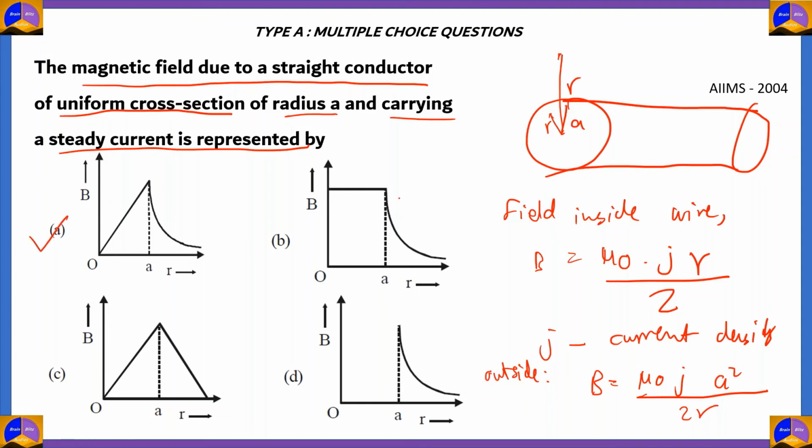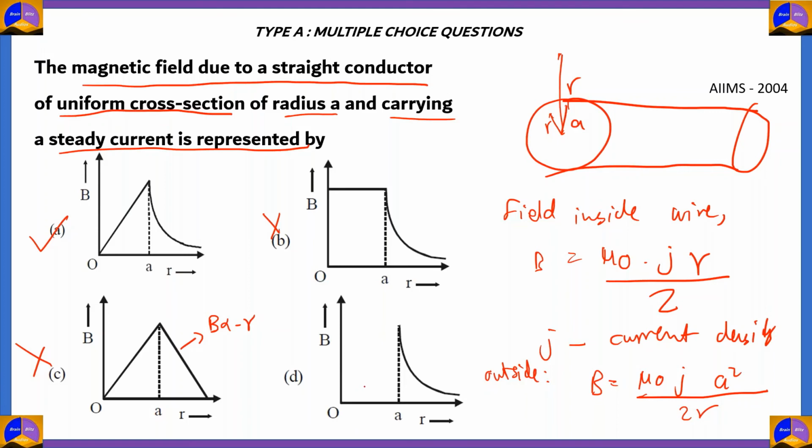In graph B, it is said that the magnetic field inside the wire is constant, which is not true. And in graph C, it's said that the decrease is also given in a straight line. So what this part means is that B is proportional to minus r, which is not the case. Option C is incorrect. And option D states that there is no such thing as a magnetic field inside a straight conductor.